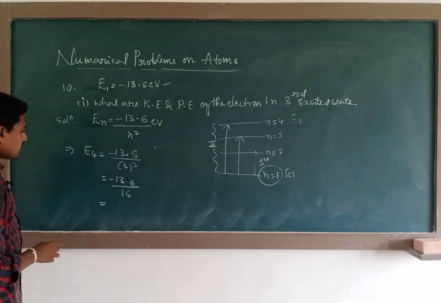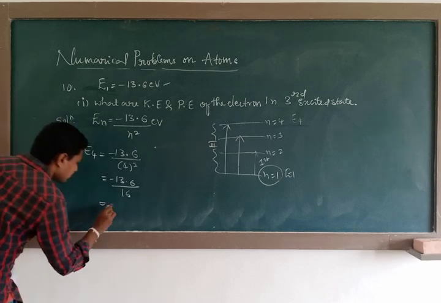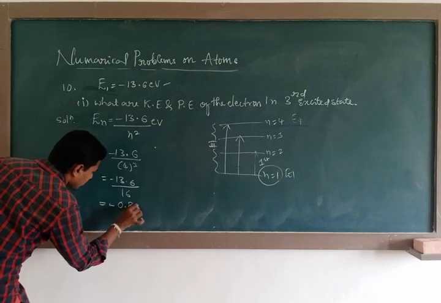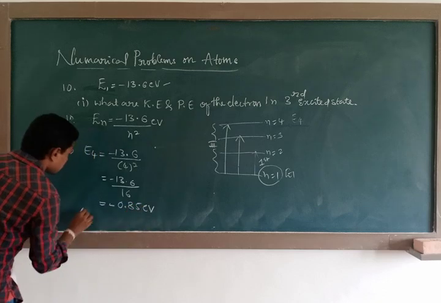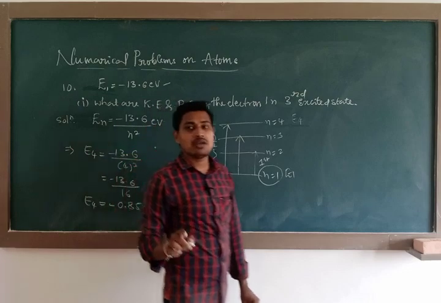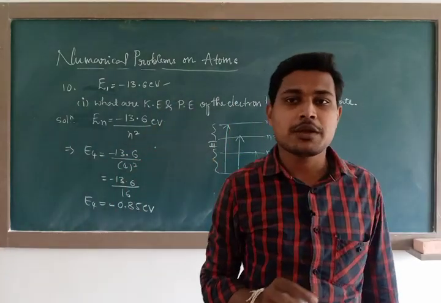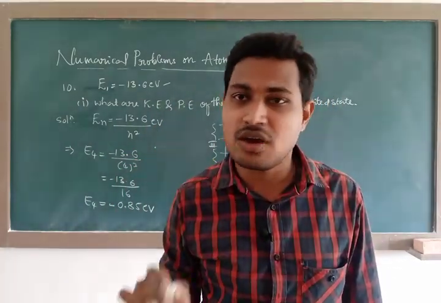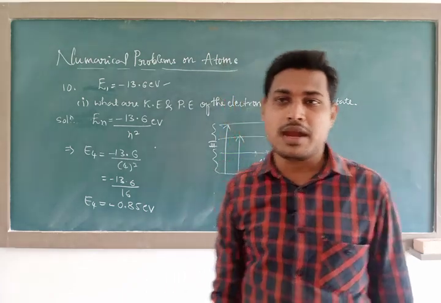This is found out to be minus 0.85 electron volt. This is the energy in the fourth orbit, I mean the energy corresponding to the third excitation of the electron in hydrogen atom.